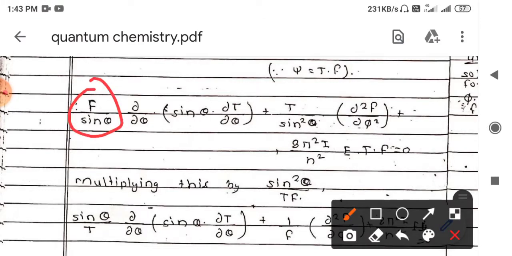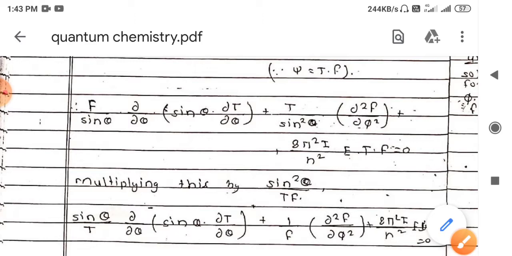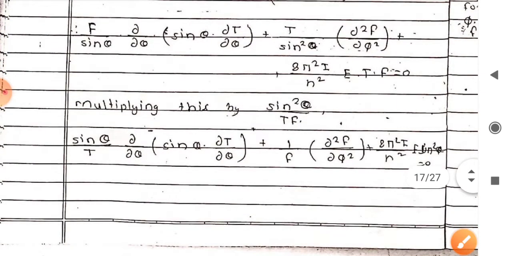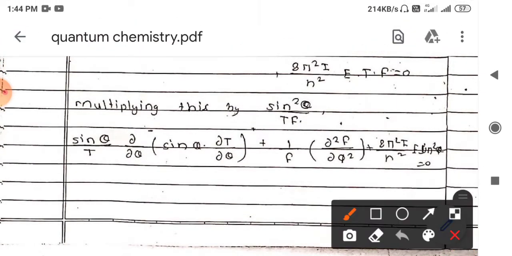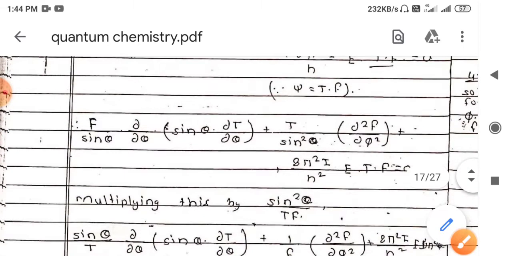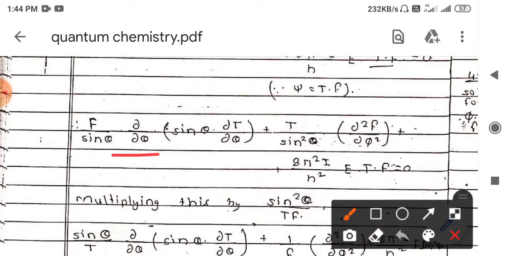So F comes out to be the constant, so we have written it outside the bracket, and the remaining terms remain as they are. In order to simplify the above equation, we have to multiply it, because the first term is independent of phi, but the term d²F upon dphi square consists of phi.